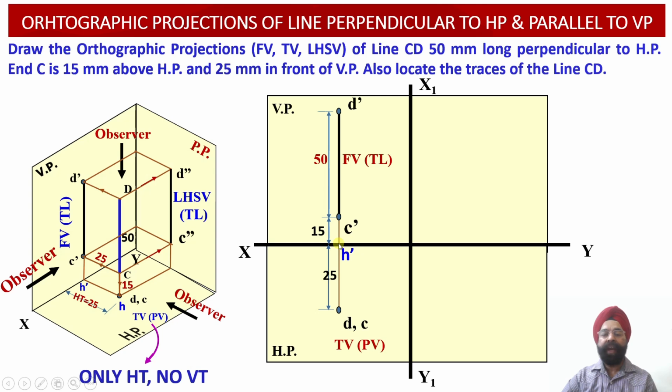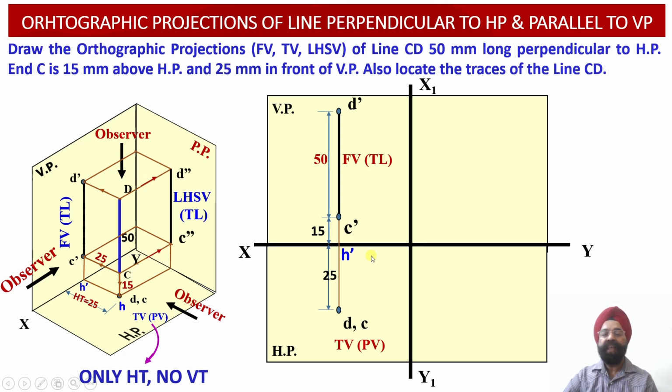And from point H dash, I need to draw a perpendicular onto the extension of the projection of the top view projections over here, which are appearing onto the horizontal plane. So from H dash, I will be dropping a perpendicular onto the top view projection.